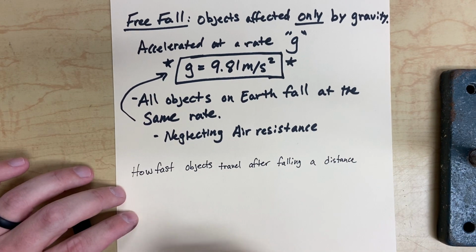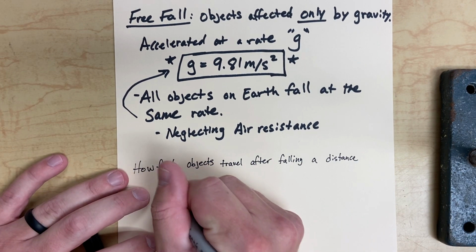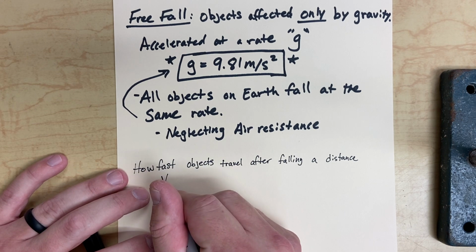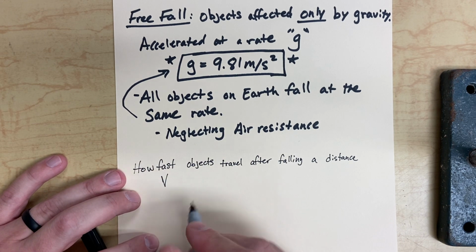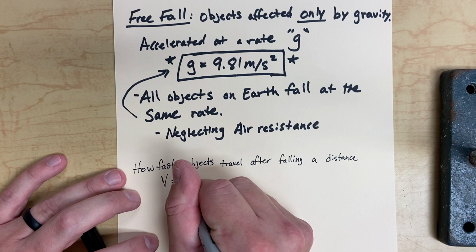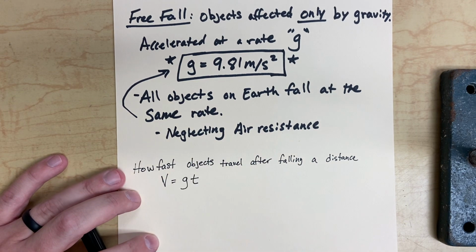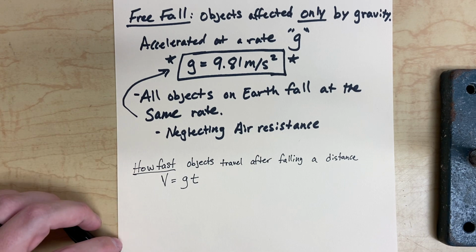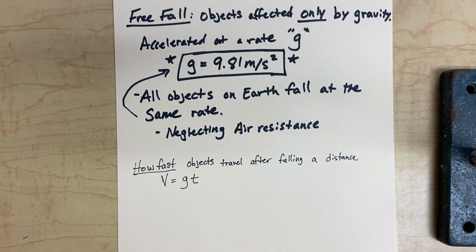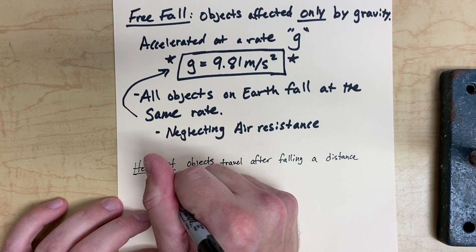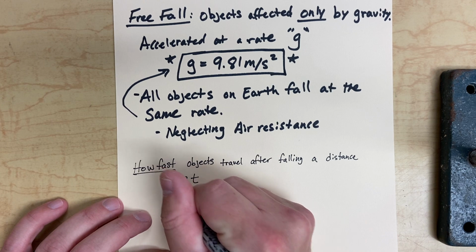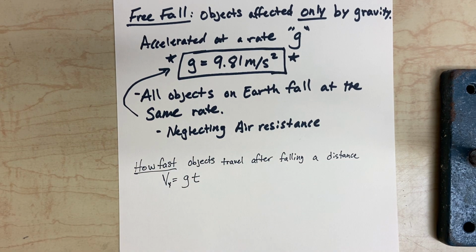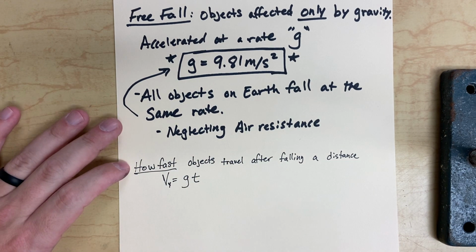Okay, so to find how fast an object travels over distance, you're going to go with your velocity. This is most likely in the y direction, but we'll just leave it as velocity right now, is equal to gravity times time. All right, that's how fast. Okay, so our velocity, I'm going to put a little Vy there because we're only talking about one-dimensional motion, so how fast it's going to fall after a distance.